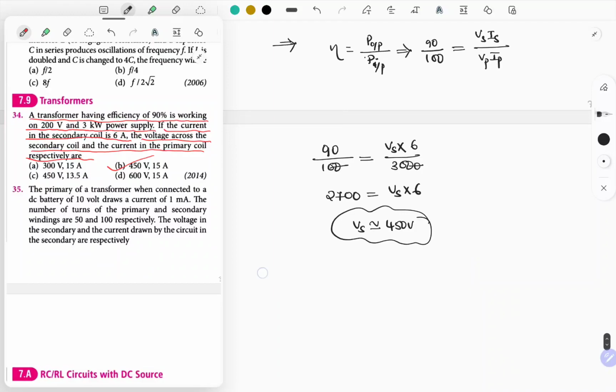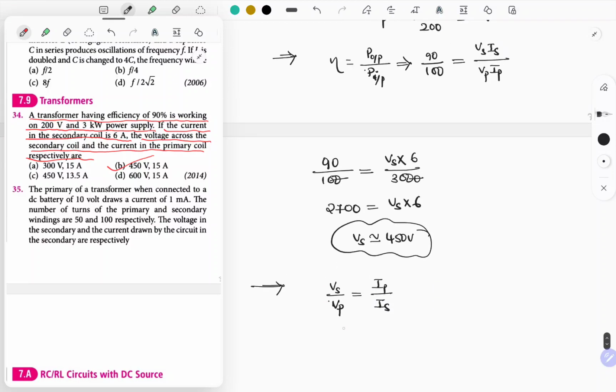So I have another way. We know the relation between voltage and current in a transformer. That is, Vs by Vp is equal to Ip by Is, right? Hope you know the relation. Then from this I need Vs. Vs is equal to Ip by Is into Vp.